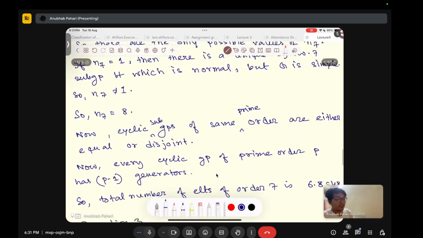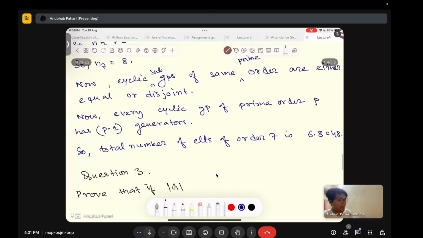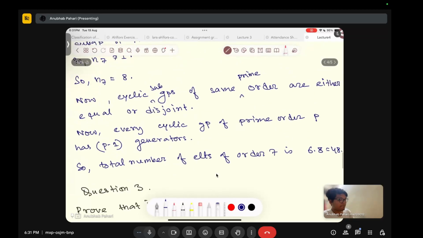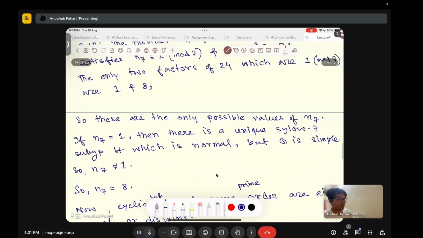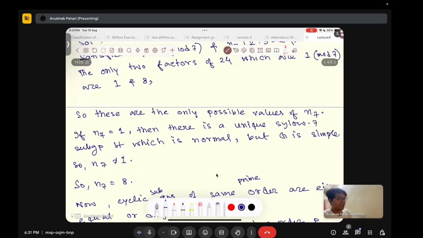I'm asking how we get that these eight subgroups are disjoint. How can we say that? Because the n7 you are getting counts the distinct Sylow subgroups, right?